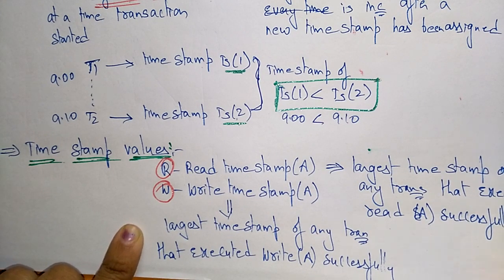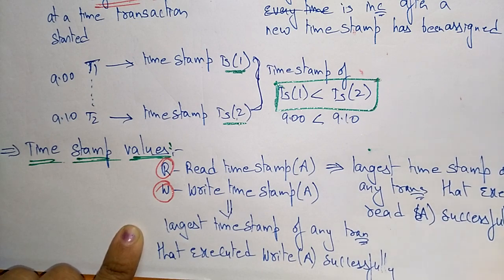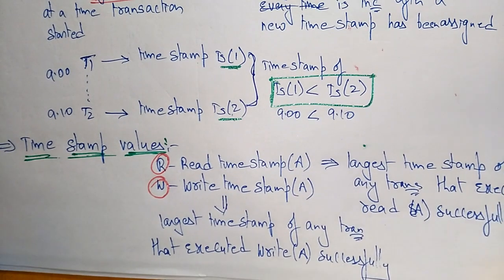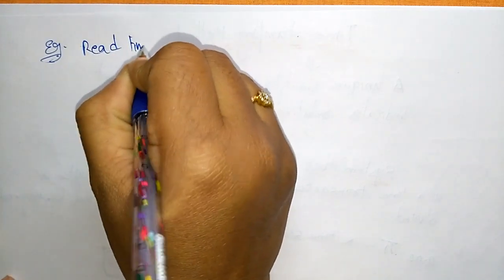So let us see one example so that you get some clear idea about what the read timestamp value and the write timestamp value are. So let us take the read timestamp.